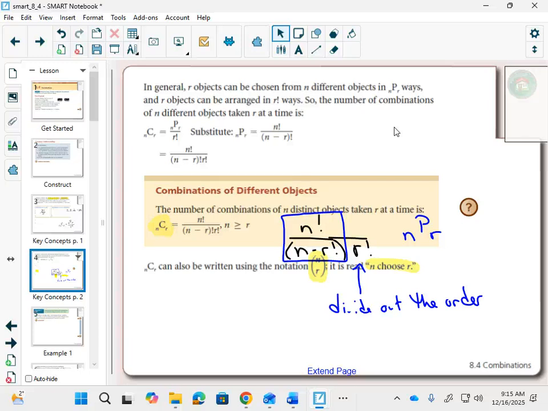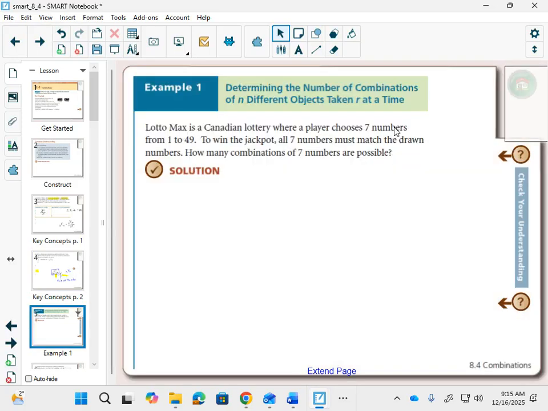If the order doesn't matter, I'm going to use my combination strategies. And some of the strategies, like cases, you can have cases in combinations questions and cases in permutations questions. So we're going to just start looking at how do these questions look and how are they different.